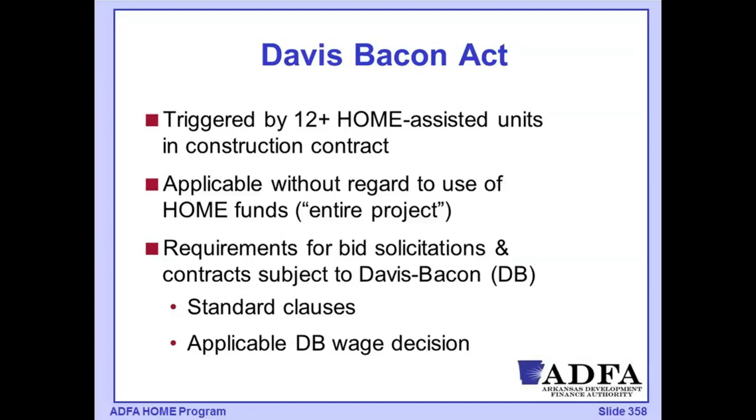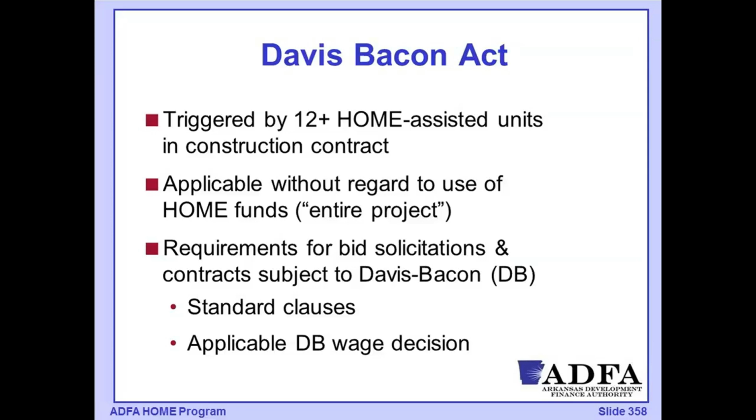So the fact that in the construction contract, maybe they're not using any HOME funds because HOME funds were only used for acquisition of the property, it is still a HOME-funded project. If it has 12 or more HOME-assisted units, it will trigger these requirements, and the steps that we're going to be talking about would be required to be completed as part of that.